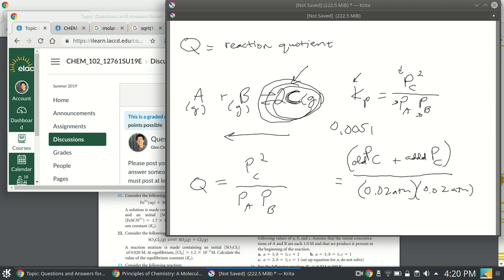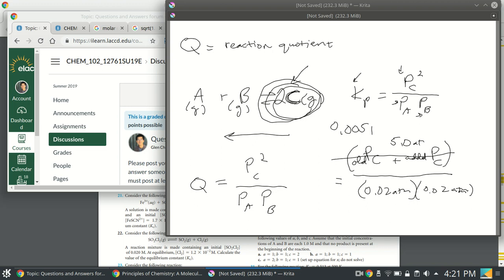So what new pressure of C do you require in order to get equilibrium? First of all, what if the old pressure of C plus the added pressure of C equals a whopping 5 atmospheres?